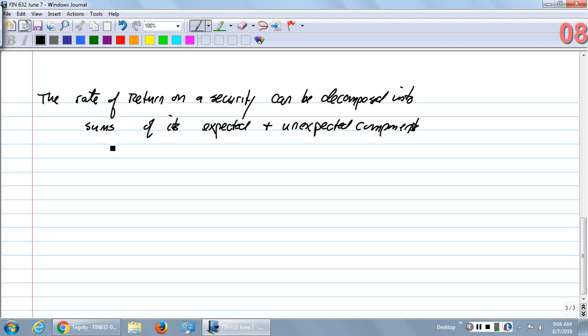So your textbook writes that this way: the rate of return on a stock I equals, well, what we expect it to be plus what we don't expect it to be, or what we're surprised. Right? This is the expected return.